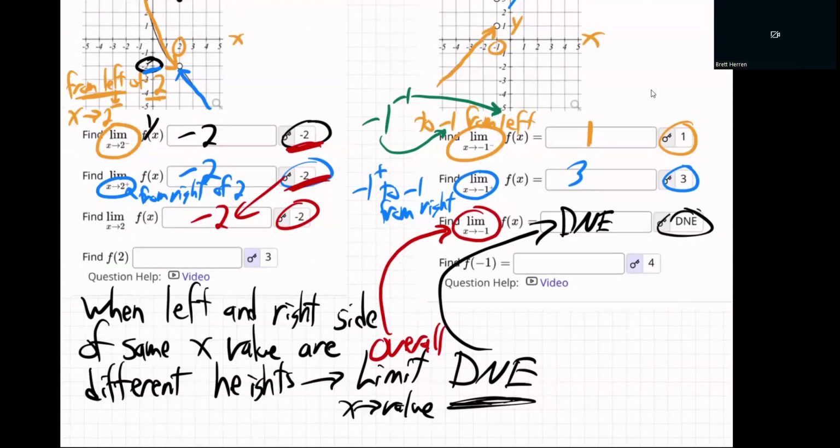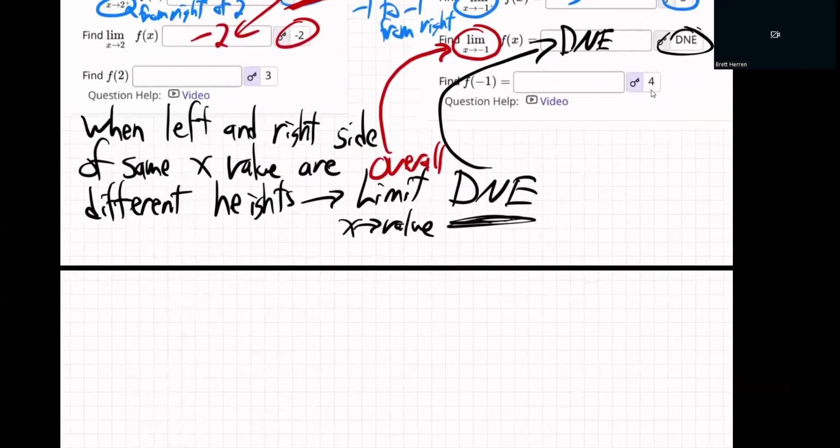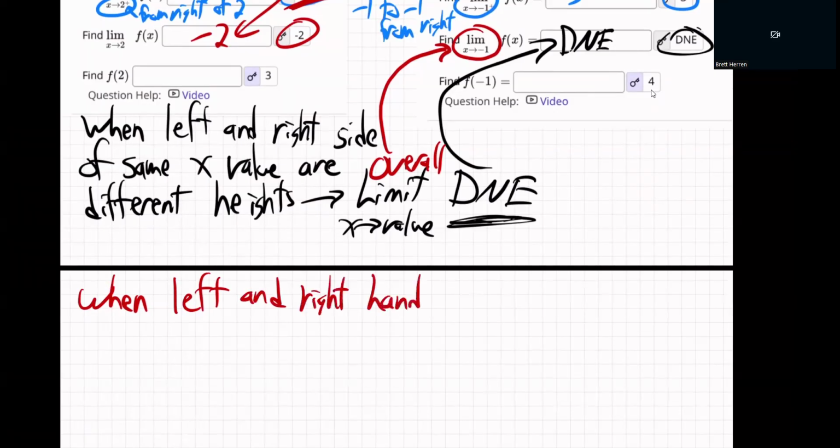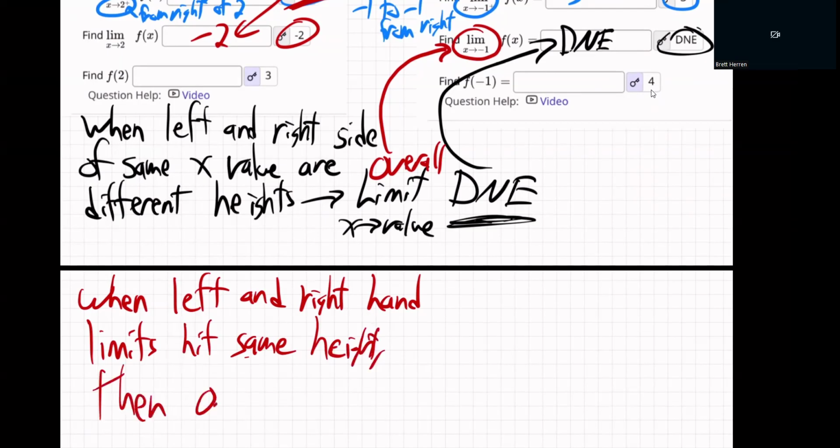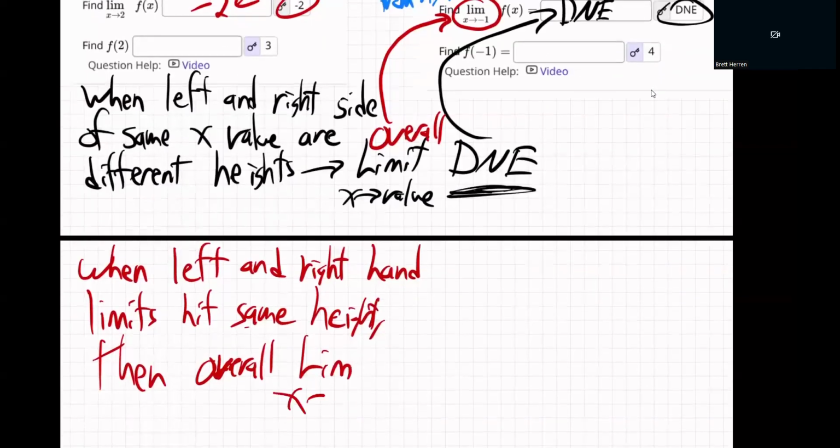Whereas, let me add to this, when the left and right hand limits hit the same height, then the overall limit as x goes to that value is the same number.